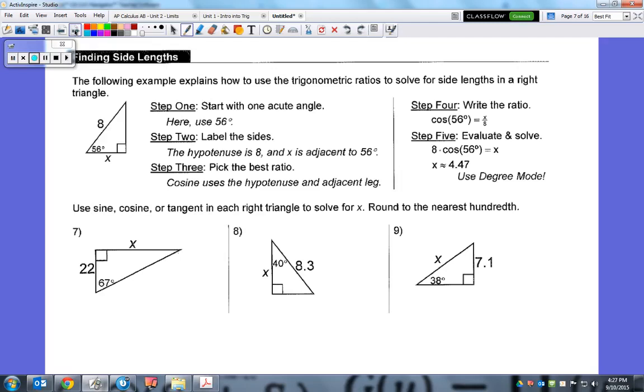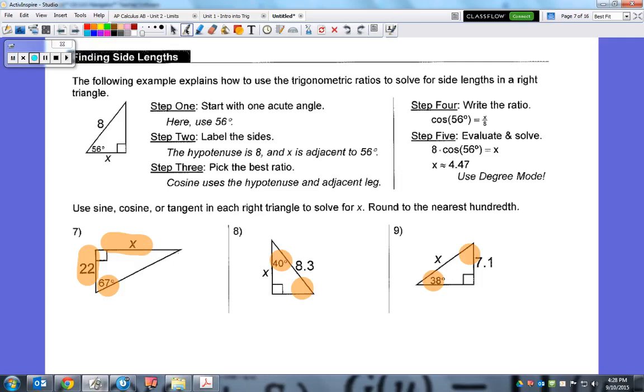Okay, so now let's look at the next part. It says finding side lengths. So if I'm doing these trigonometric relationships, you notice that these are no longer special. They're not the 30, 60, 90. They're not the 45, 45, 90. So we need to do what we learned in geometry, and we need to set this up. This one, I'm given the angle, and I'm given an adjacent side, and I'm given a variable that I'm trying to solve for.